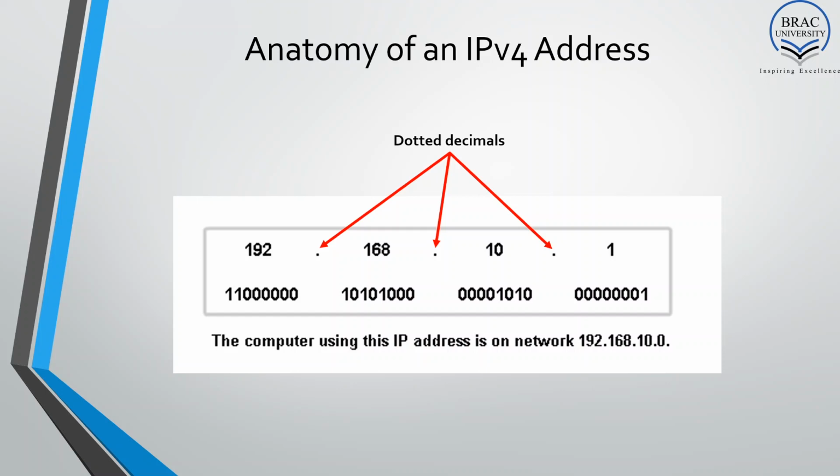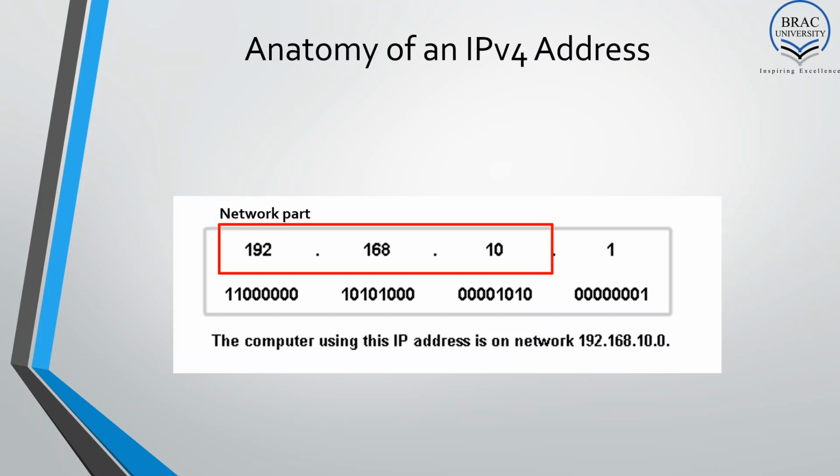So when writing in binary, putting a dot is only for our understanding, and there is no significance at the machine level. There are no dots there. It's a continuous string of 32 bits. These are separated by 3 dots. An IP address is divided into 2 parts: the network part and the host part.